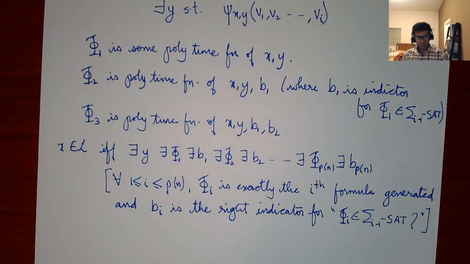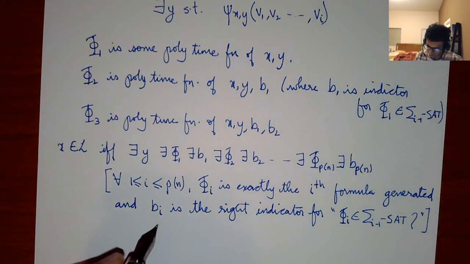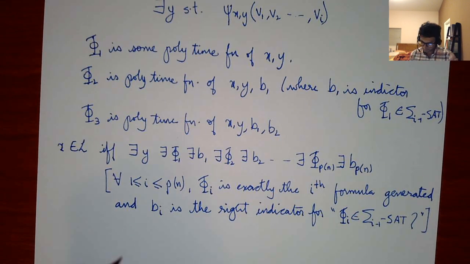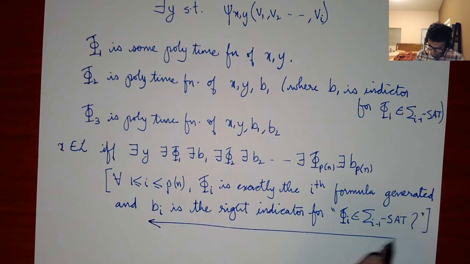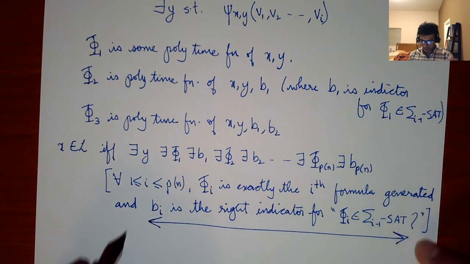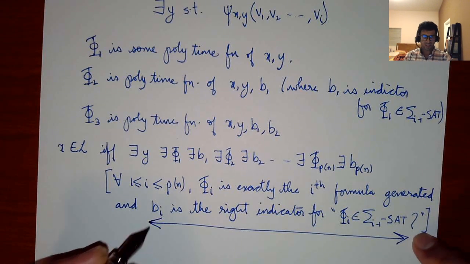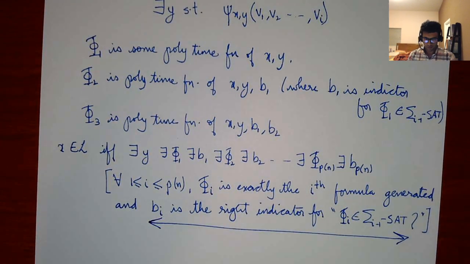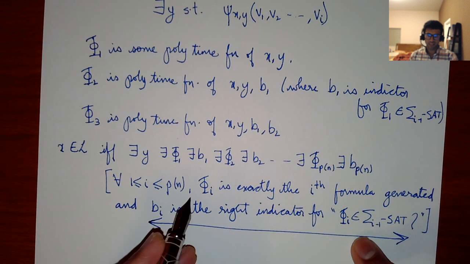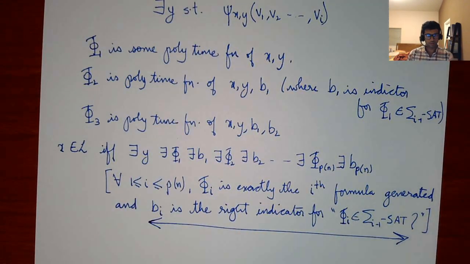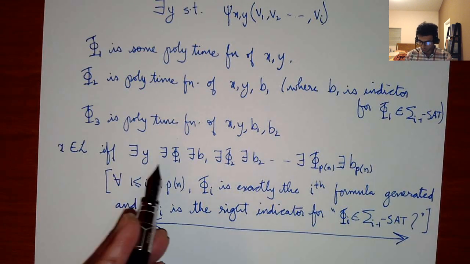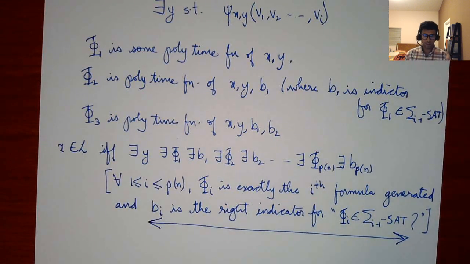So it's a bit clunky to write all of this down, but essentially what this means is this condition can be checked in parallel for all the i's. So you list out a bunch of different formulas, that's phi1 up to phi p of n.